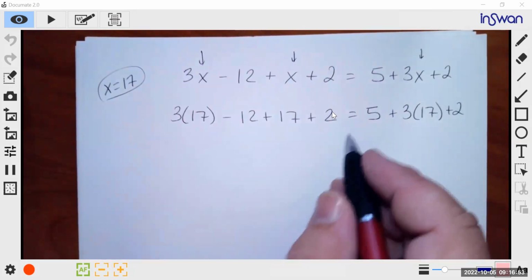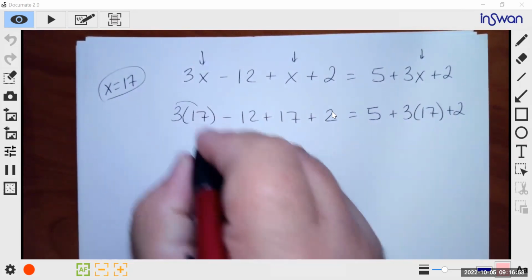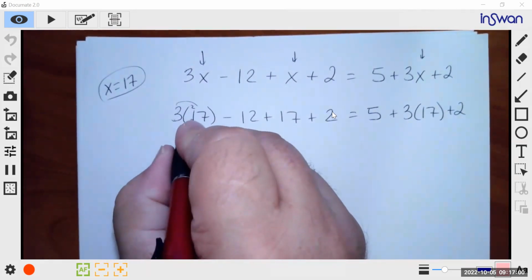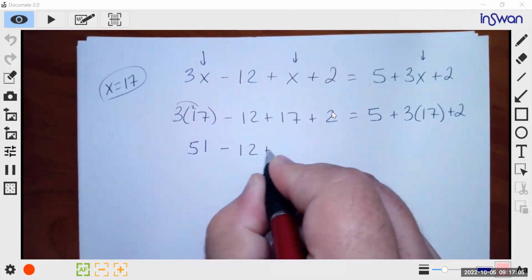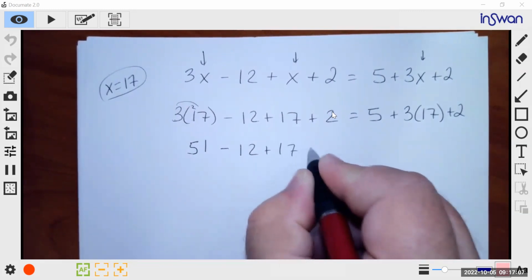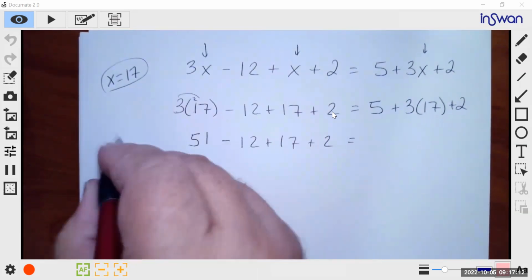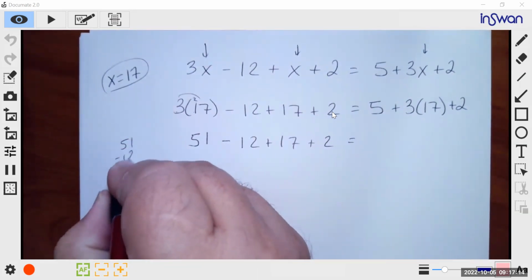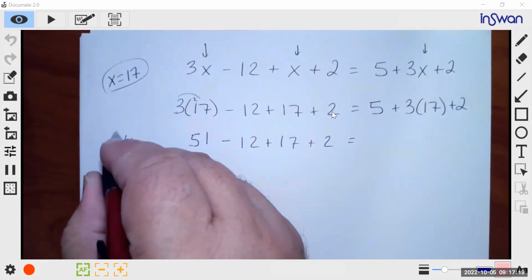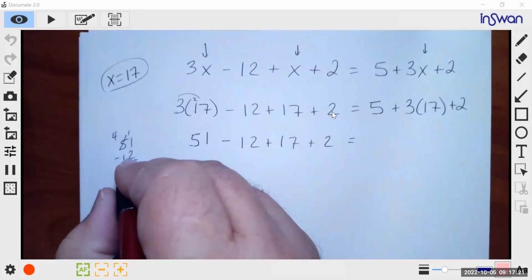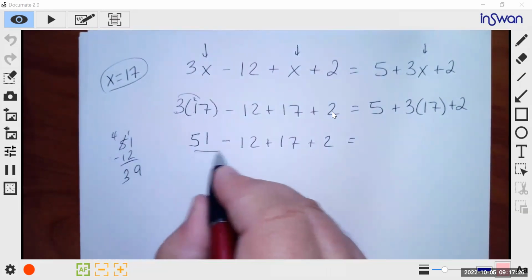Let's work the left-hand side. 3 times 17. So 3 times 7 is 21. 3 times 1 is 3, plus 2 is 5, so 51. Minus 12, plus 17, plus 2. 51 minus 12. 1 minus 2 you can't do, so you have to borrow 1. 11 minus 2 is 9. 4 minus 1 is 3.